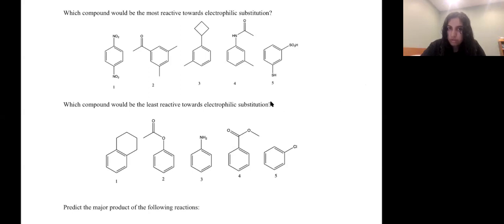Okay, so 3 would be pretty reactive because it has 2 R groups and then R groups are activating. But there's one that has a better activating group on it. Yeah, 4 has the amide.